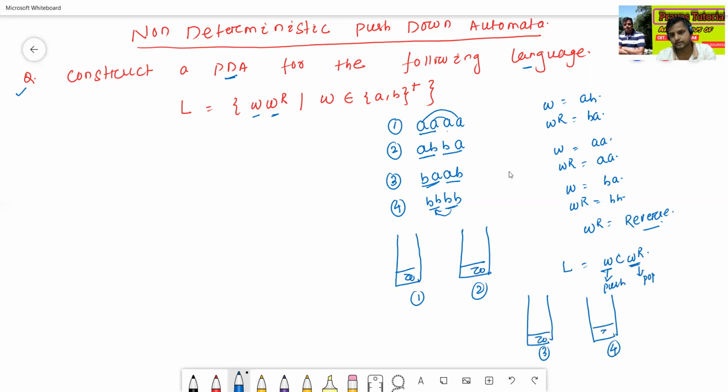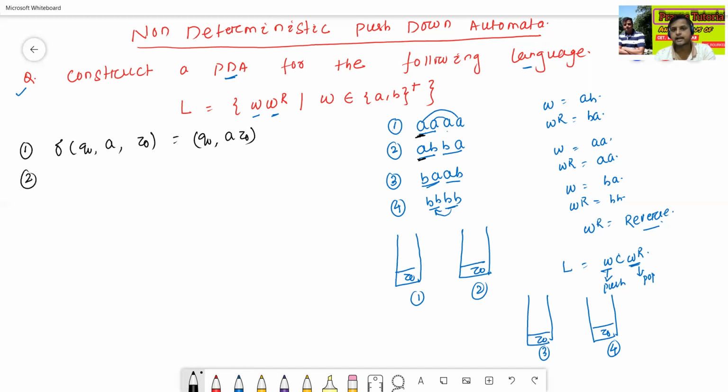Here the string may start with either A or B. If the string starts with A, now we'll see. The first one: delta(Q0, A, Z0), since the top of the stack is Z0. So it is nothing but Q0, A, Z0.